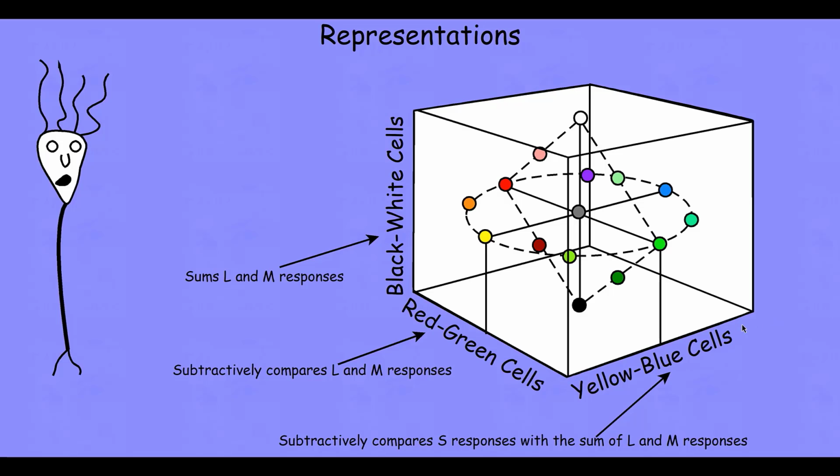And we can represent all sorts of different colors, as this diagram illustrates, in virtue of where on the black-white, red-green, and yellow-blue opponency scales that color happens to lie. So white is at the top of the white-black scale. It's neutral between green and red and blue and yellow.